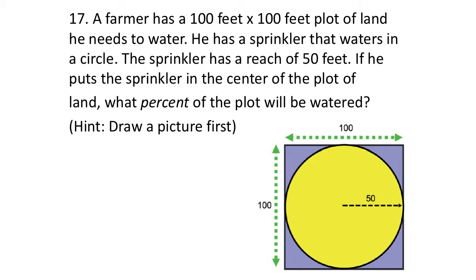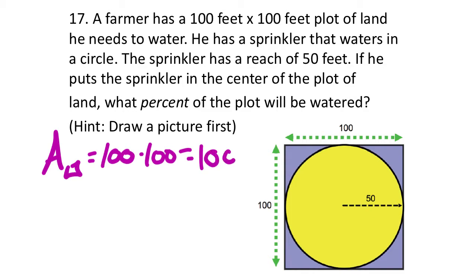Let's go ahead and find the actual area of both the square and then the circle. If I wanted the area of the square, that'd be length times width, or side times side for a square, which looks like 10,000 square feet. Yeah, square feet right here.